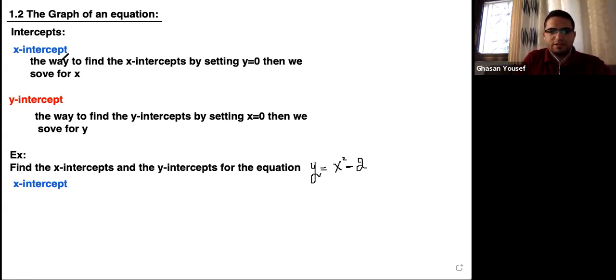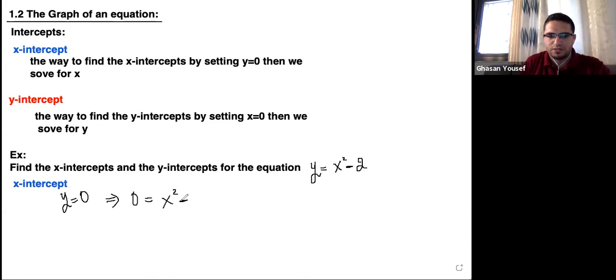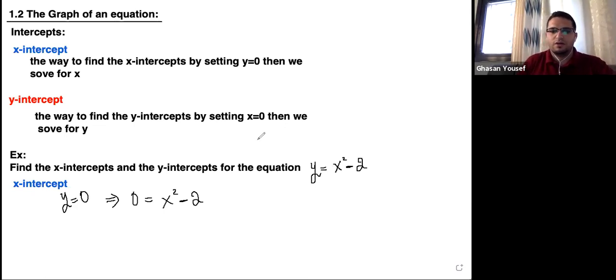This is the definition: the way to find the x-intercept is by setting y equals 0, then we solve for x. So instead of y we put 0, and we get 0 equals x squared minus 2. Then we solve for the values of x.